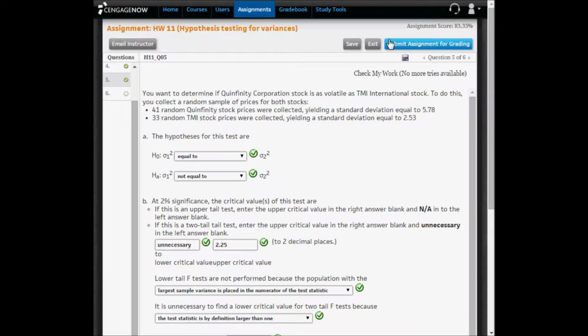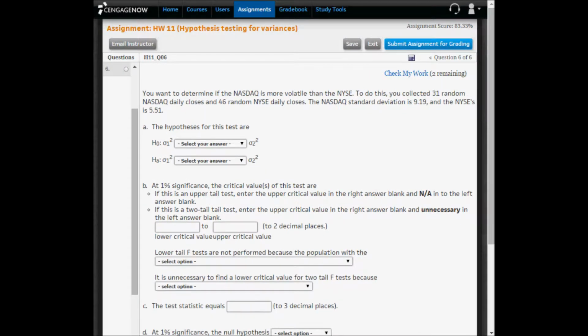And we do. In question 6, we want to find out if the NASDAQ is more volatile than the NYSE. So we want to know if the variance for the NASDAQ is greater than the variance for the NYSE.